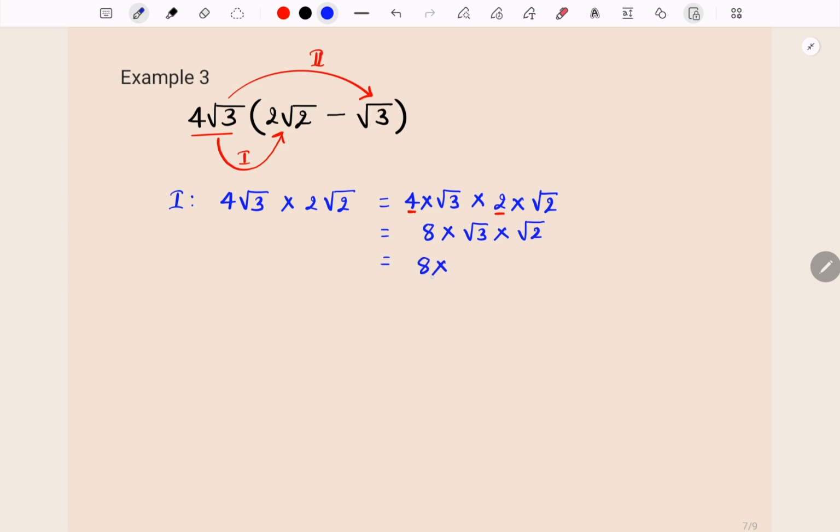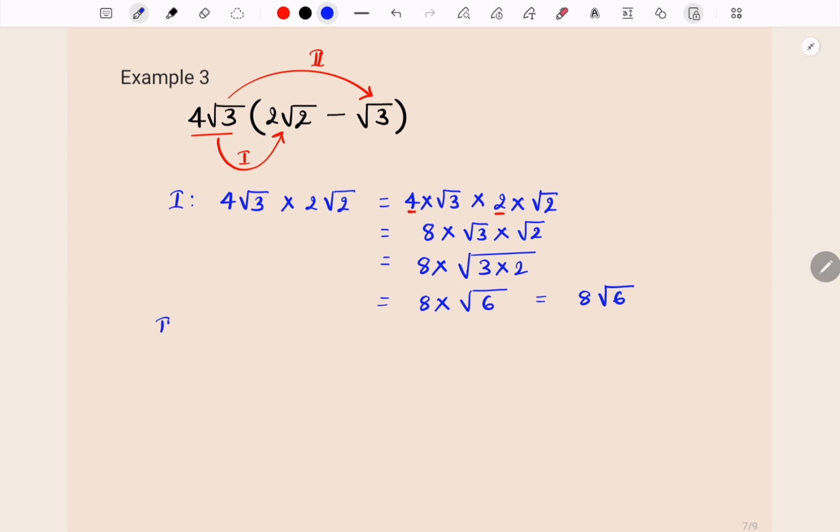Now I can perform this multiplication under one square root symbol, that is 3 times 2. 8 multiplied by square root of 3 times 2 is 6. So we have 8 root 6. That is the result of the first multiplication.